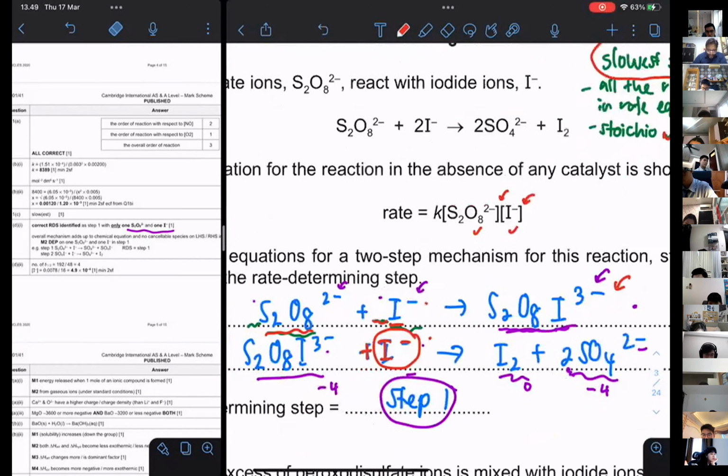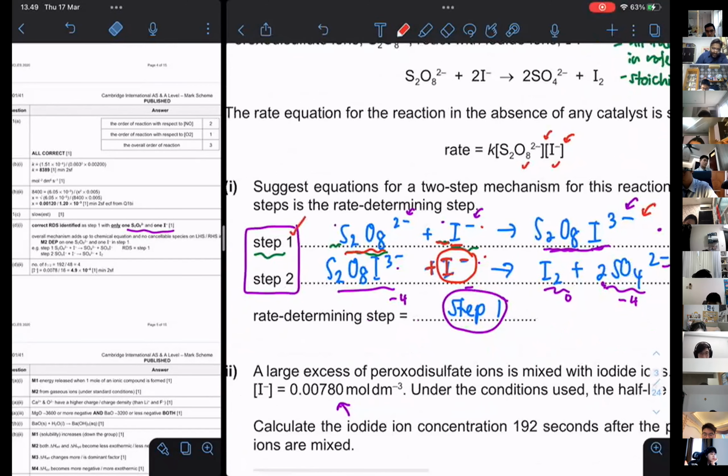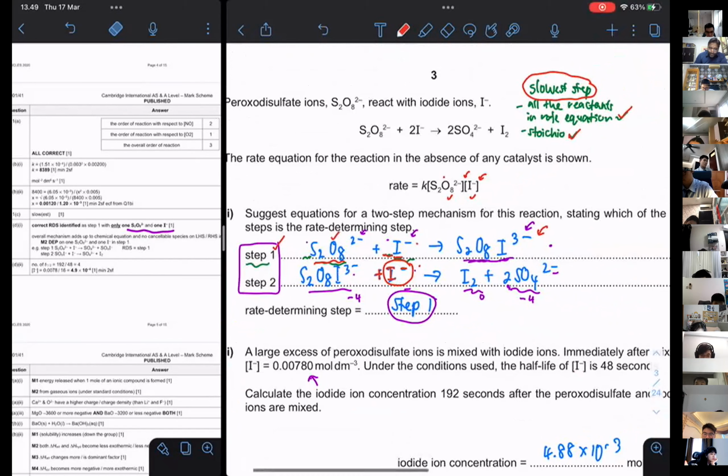I'll give you one example here. I selected this as my slower step, and I say that this one is going to be the slower step. Why? Because this one exists over here, and very important, to the power of 1, to the power of 1, this is 1, this is 1. That is very important. What do students do?